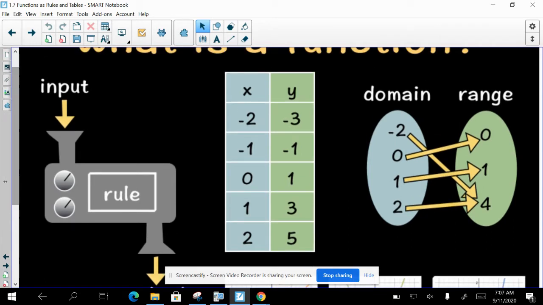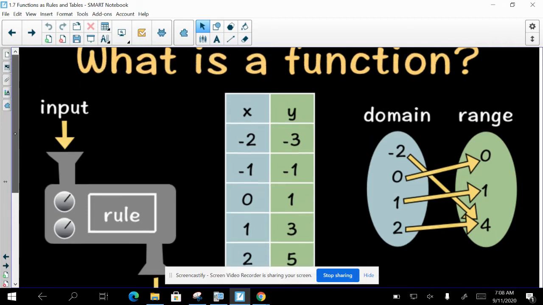Also in an XY table, so the inputs are -2, -1, 0, 1, and 2, and your outputs are -3, -1, 1, 3, and 5. So each input goes to an output. And you can also represent it by this chart here on the right.